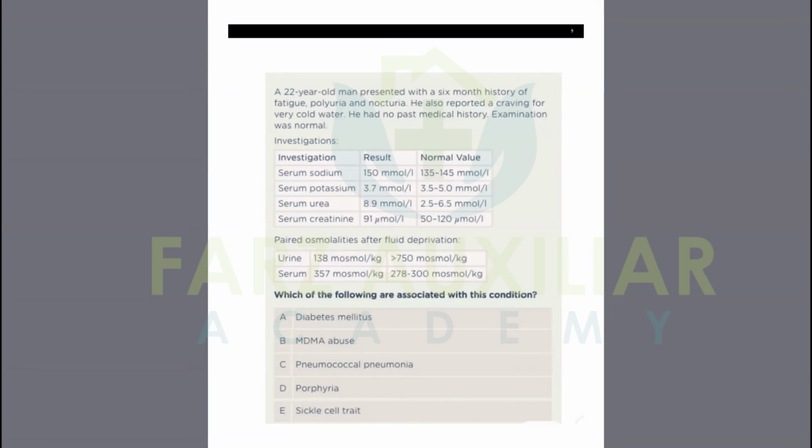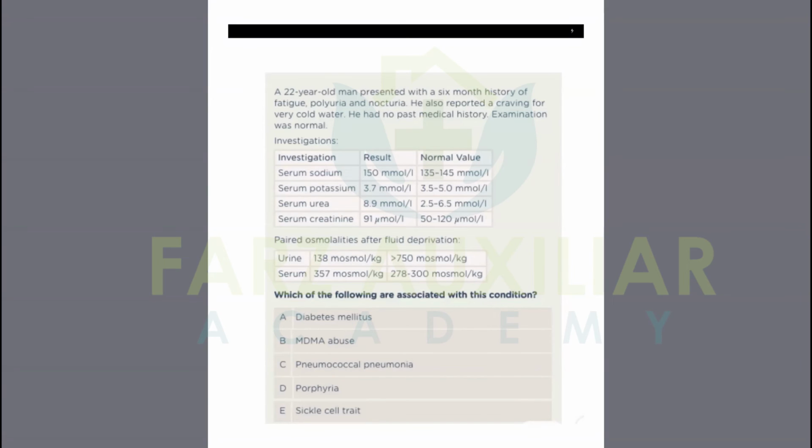Anyone? Those who are free can read the question only. Then I can guide him about sickle cell disease and some complications. Anyone? Dr. Ashish, Dr. Abhishek, anyone can read just? Yes, sir. Yes, A please.